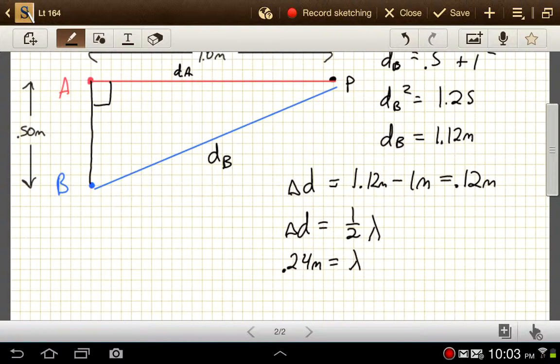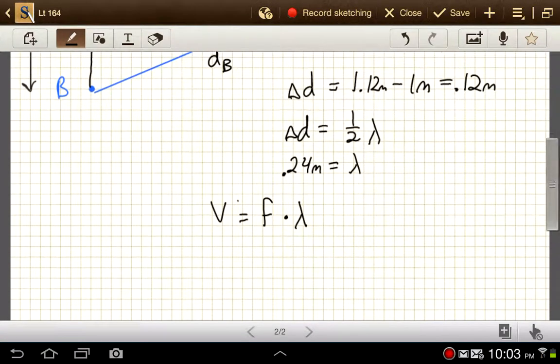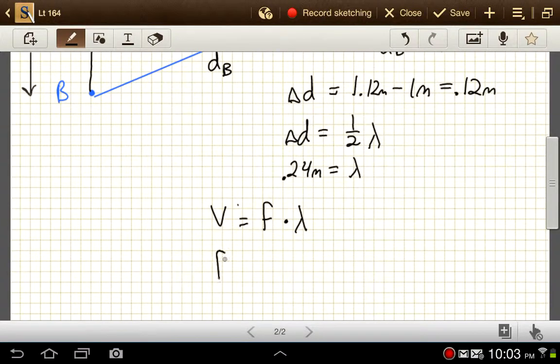And now we need to find the frequency. So frequency is equal to the speed times the wavelength. Whoops, got that backward. Speed is equal to the frequency times the wavelength. There we go. So our frequency is equal to the wave speed divided by the wavelength. Wave speed is 340 meters per second for sound in air.